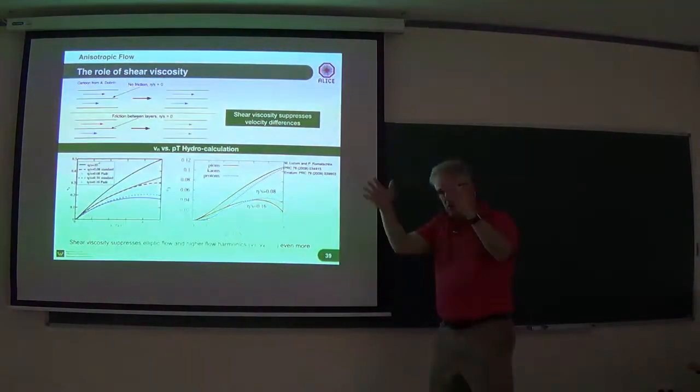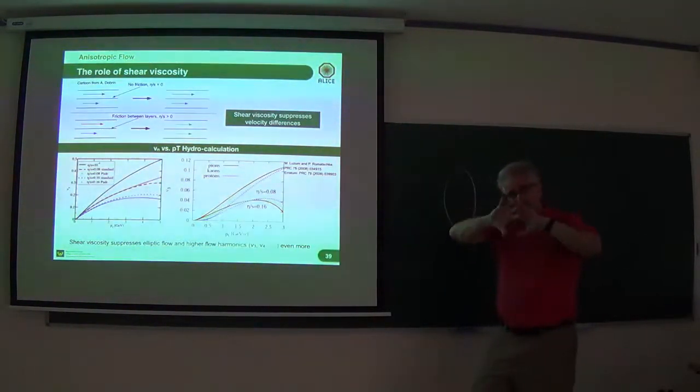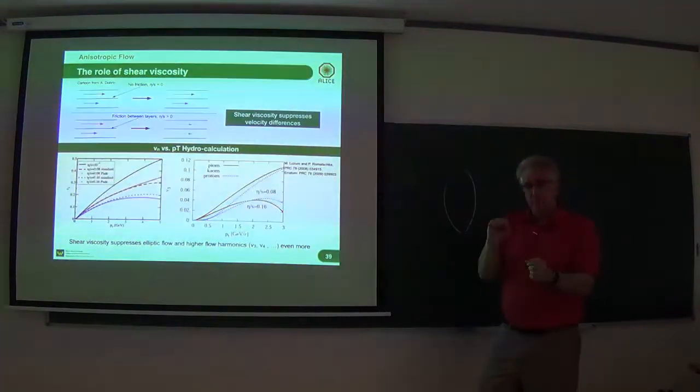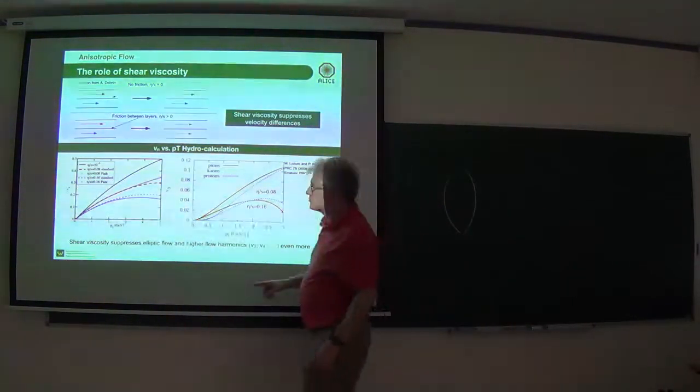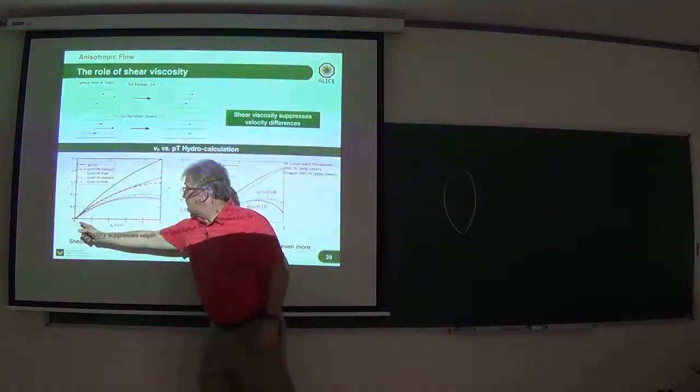If you have this now in azimuth, it means that in practice, if you had a lot of v2, a lot of anisotropy, by having large friction, large viscosity, you would damp, reduce, suppress this v2. And that's what is shown here. v2 is shown as a function of the pT of the particle.